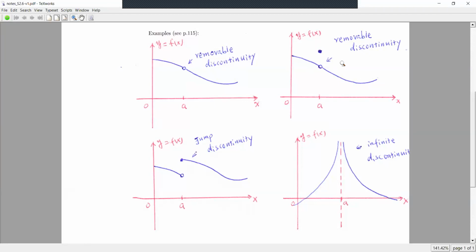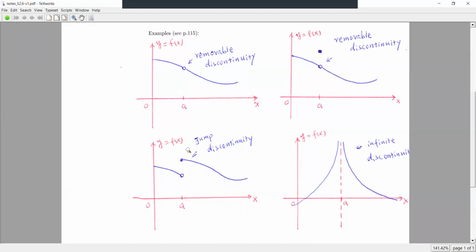In this case, the book calls the function f has a removable discontinuity at a point A. Because if we shift down the solid point here, then the discontinuity is gone. So this discontinuity is removable.